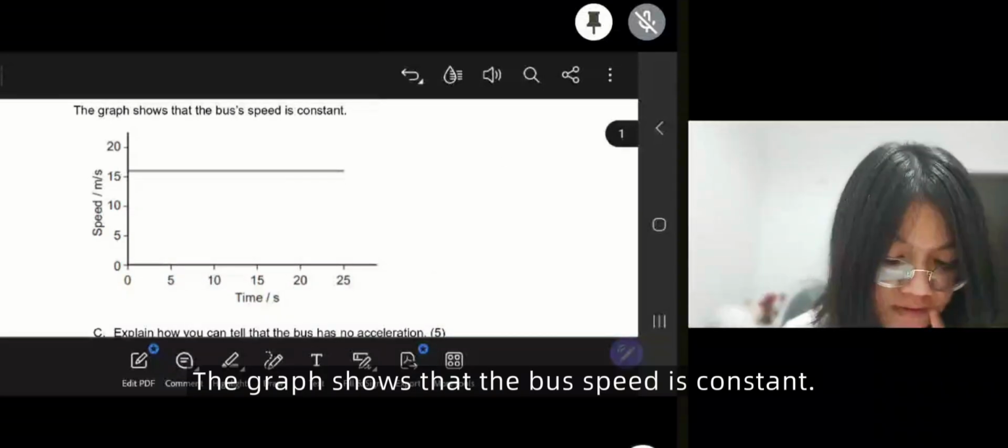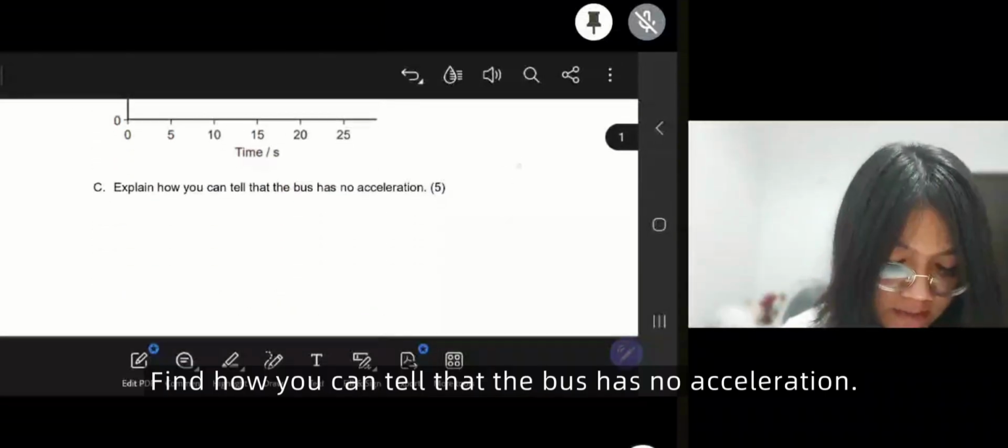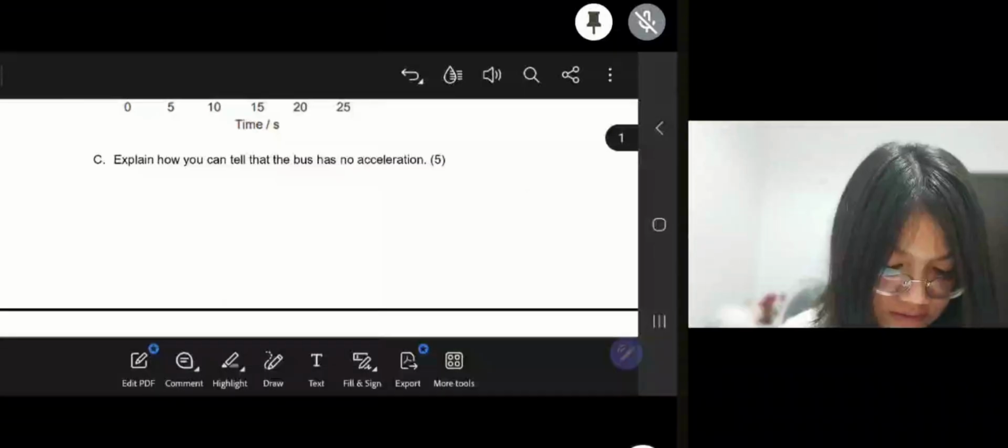The graph shows that the bus speed is constant. Explain how you can tell that the bus has no acceleration.